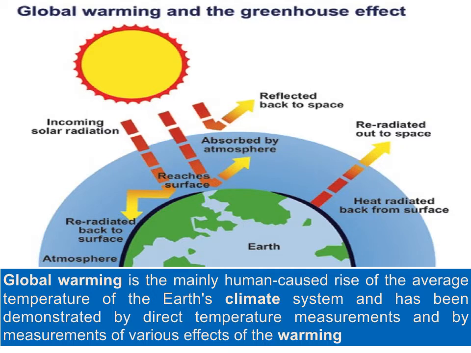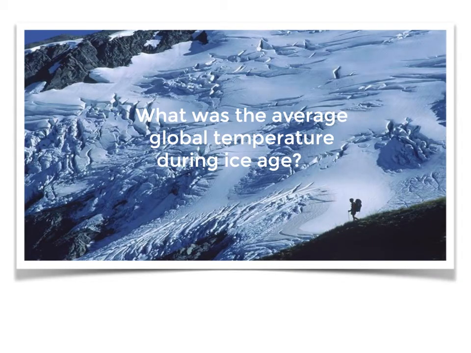So this is just a summary of the greenhouse effect and global warming. Because of that, we discussed the reflection of radiation and how the whole planet is maintained. Now coming back to why the 1 degree centigrade is so important. What was the average global temperature in the ice age, when the whole planet was almost covered with ice?